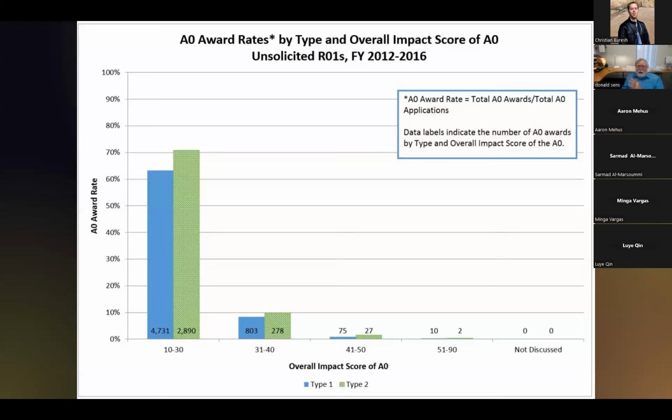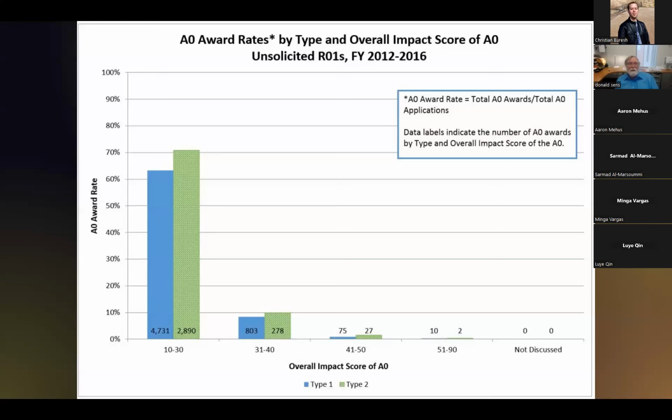And the question comes up, are you better off not resubmitting it and just going in with a new grant, hoping to get in this 31 to 40 or 10 to 30 range where you've got a really good chance on a resubmission? And the dogma is if you write a good introduction on your resubmission, you will get a better score than you got before. Okay, so you get 1 chance to improve this.